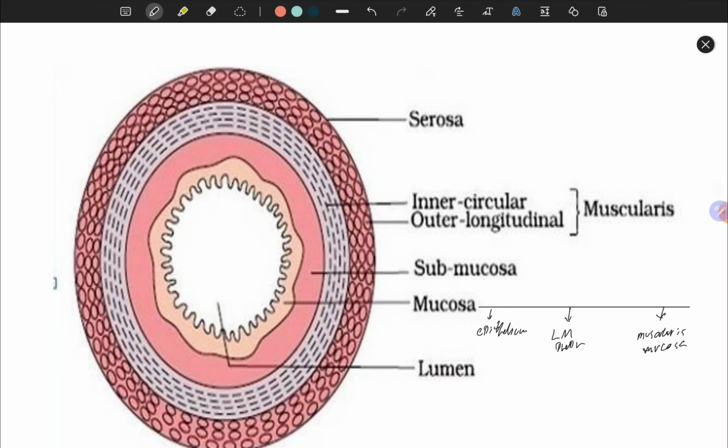In some parts, they are not covered. If the connective tissue layer is covered by a simple squamous epithelium, it is called serosa. If it is just the connective tissue itself, it is called adventitia.